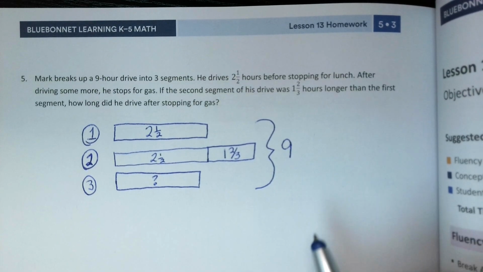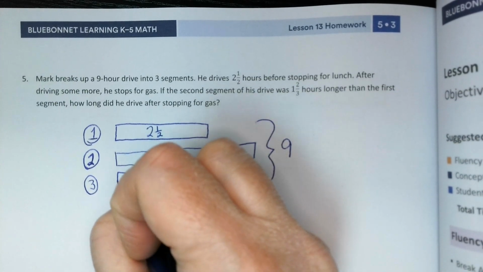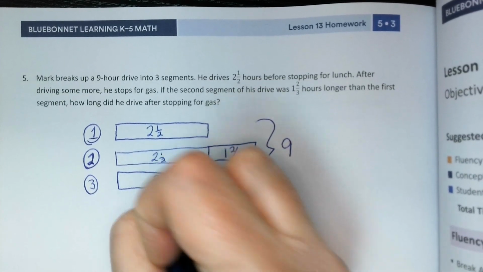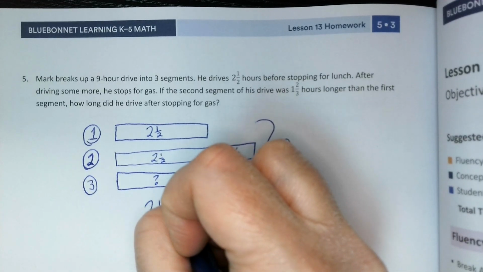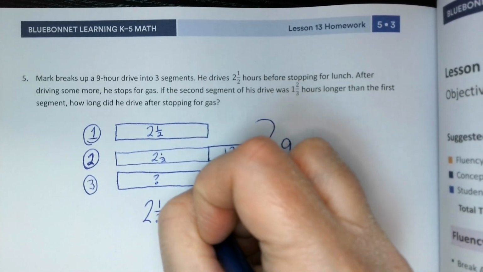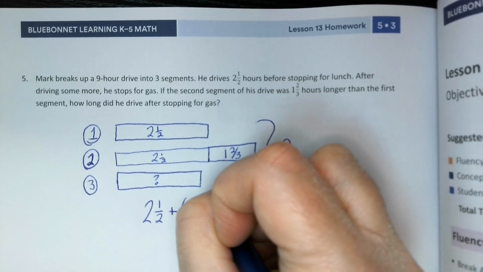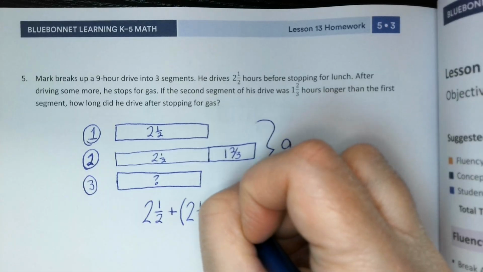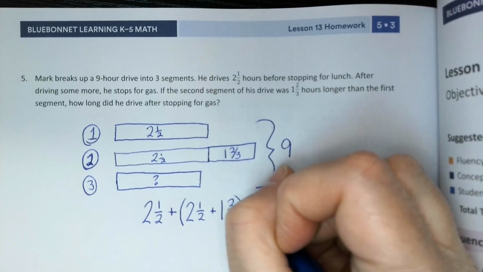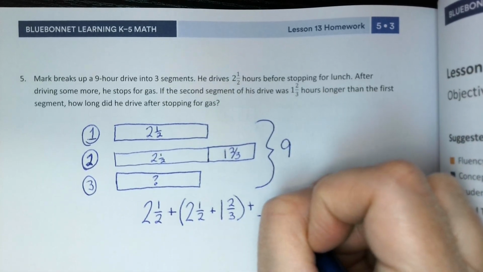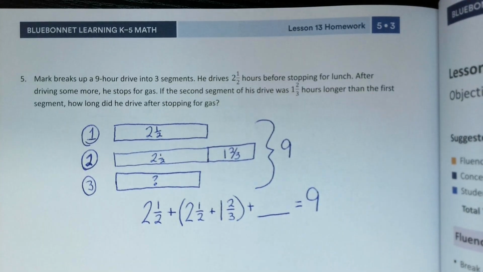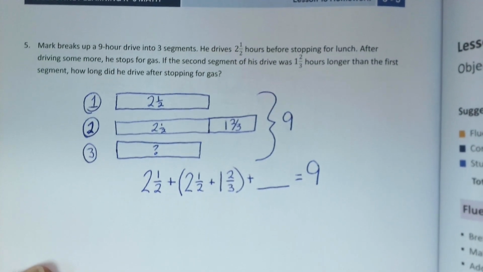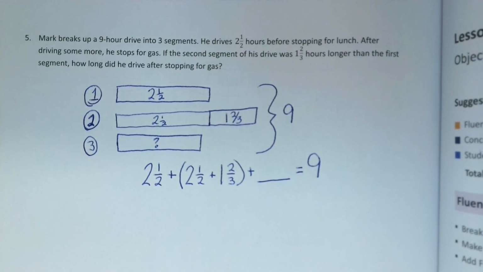We could also say that it's 2.5 plus the same distance for the first drive plus 1 2/3 hours plus an unknown, and all of that adds up to 9. So we could set it up those 2 separate ways.